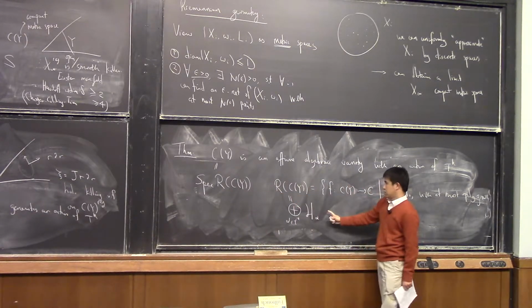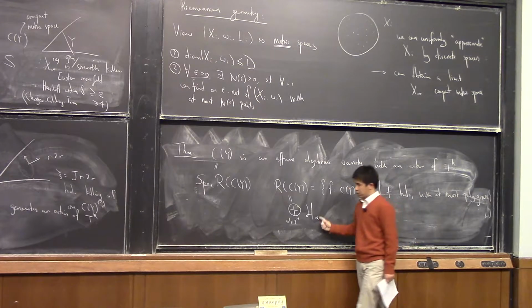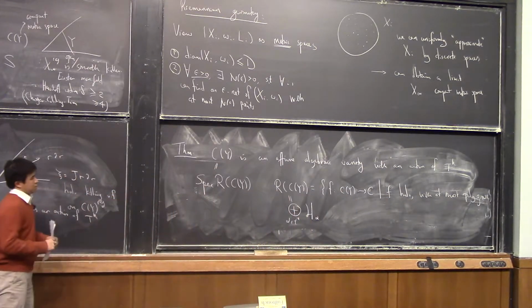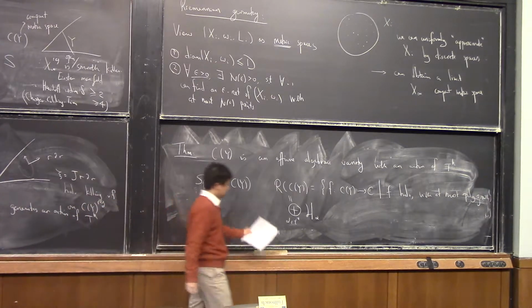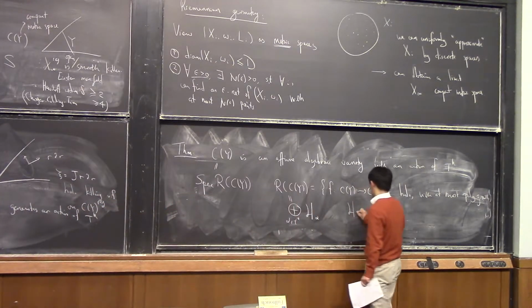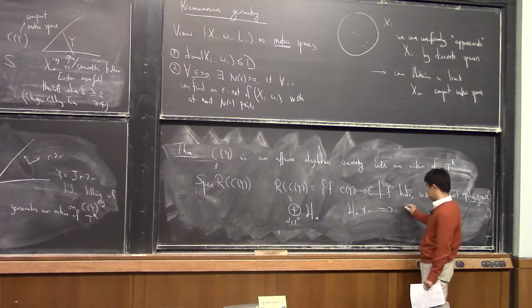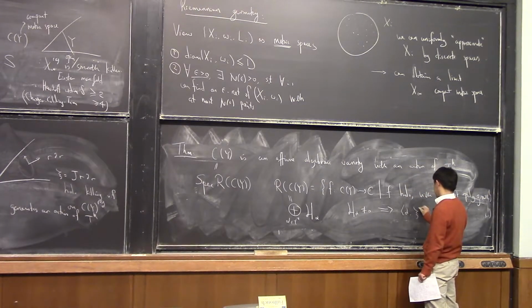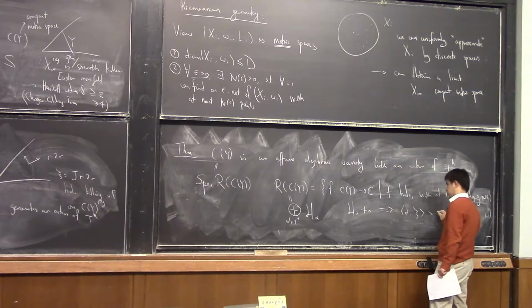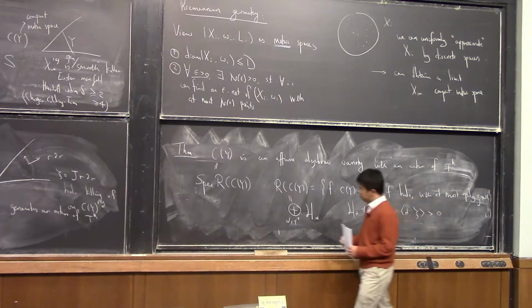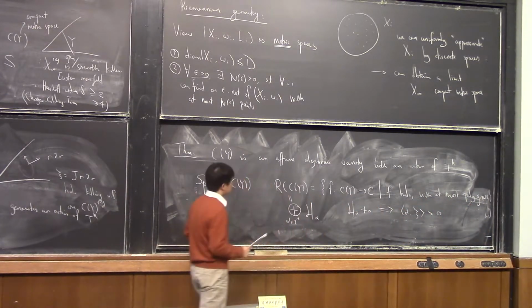These are the weight space decomposition of the T^k action on the space of functions. And H_alpha is non-empty only if alpha paired with psi is positive. So it's a kind of polarized affine variety.